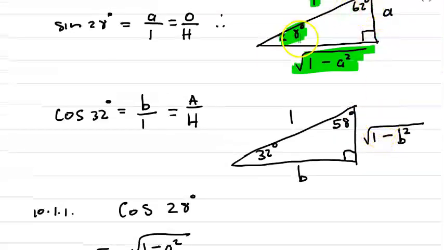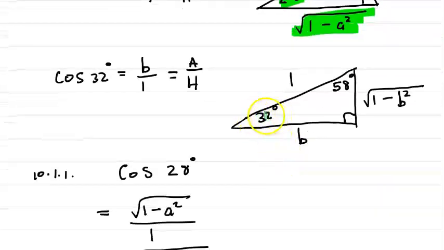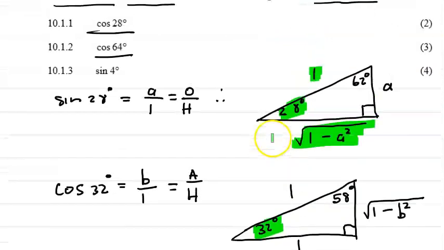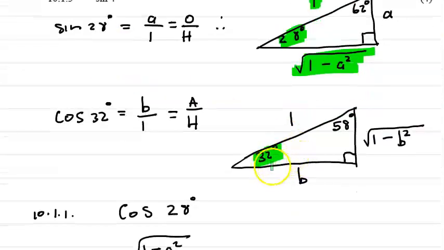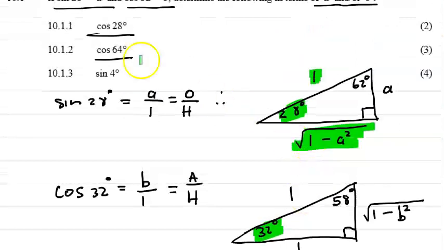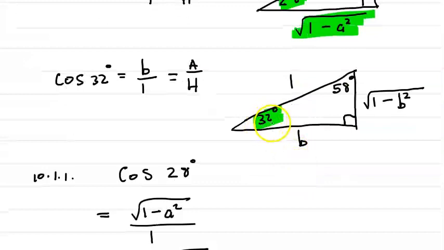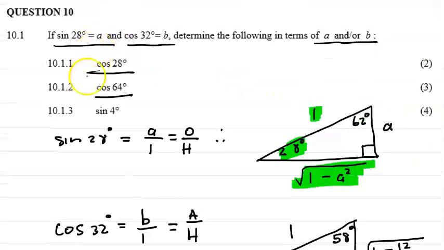Now, there's 28 there, but if you look here, 32. Remember cos of 2 times 32. If you look at it carefully, 32 times 2 will equal 64. So what are they testing here? They're testing your knowledge of double angles. Alright? Because if you look here, they say cos of 64. What will cos of 64 be now?